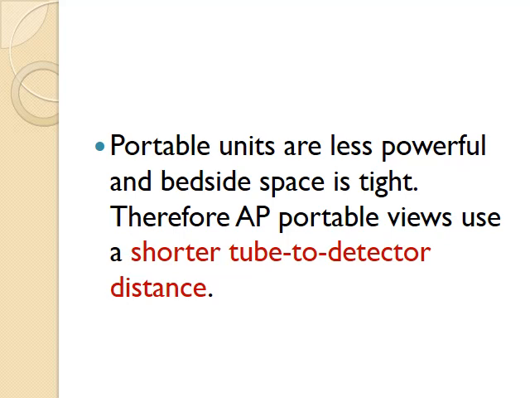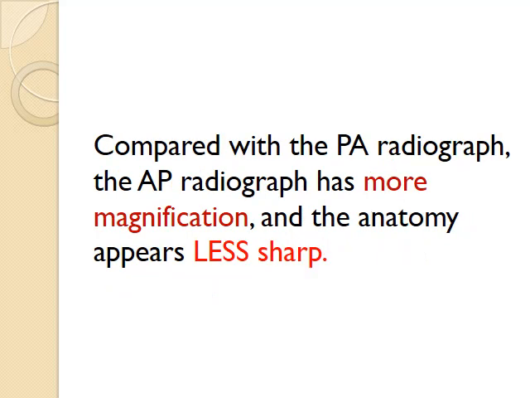Portable units are less powerful and bedside space is tight. Therefore, the AP portable views use a shorter tube to detector distance. So compared with PA radiograph, the AP radiograph has more magnification and the anatomy appears less sharp.